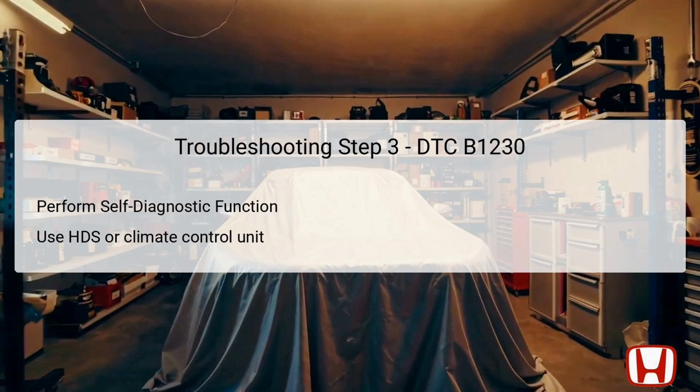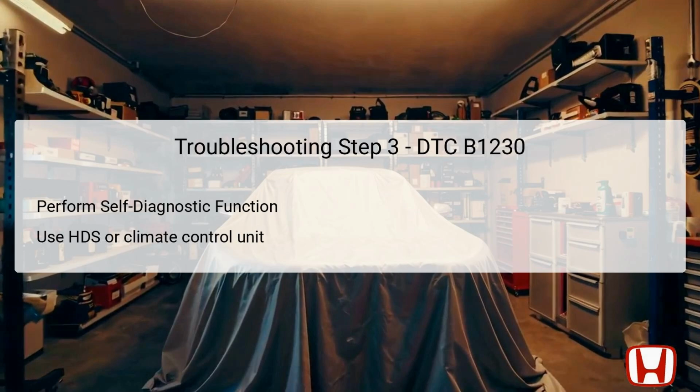The third troubleshooting step involves conducting a self-diagnostic function using the HDS or directly through the climate control unit. This diagnostic test comprehensively assesses all related systems, checking for errors and ensuring that all wiring and connections are functioning as expected. The HDS provides precise data about any existing issues, including potential shorts or failures in the sunlight sensor circuit.